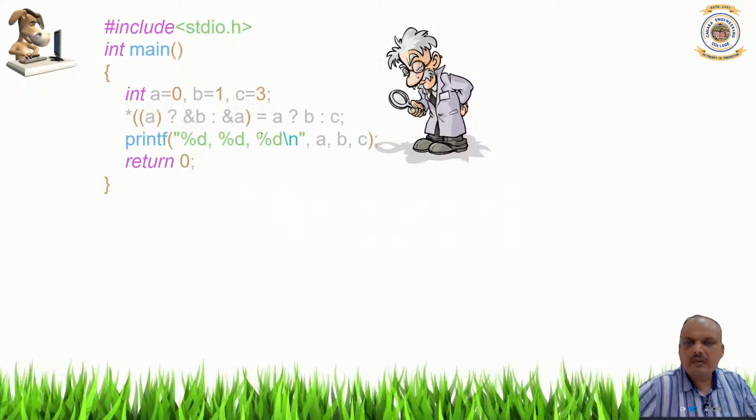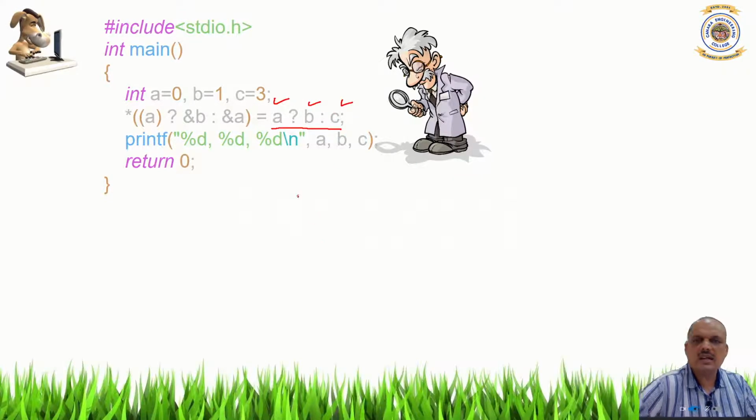For those who are seeing this for the first time, it is: if this is true, return B, else return C. So it is a kind of if-then command.